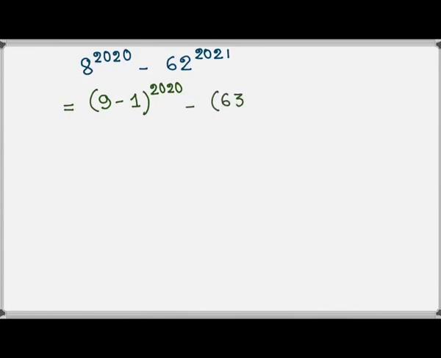Our number is 8 to the power 2020 minus 62 to the power 2021. So this one we have written as (9 minus 1) to the power 2020 minus (63 minus 1) to the power 2021.